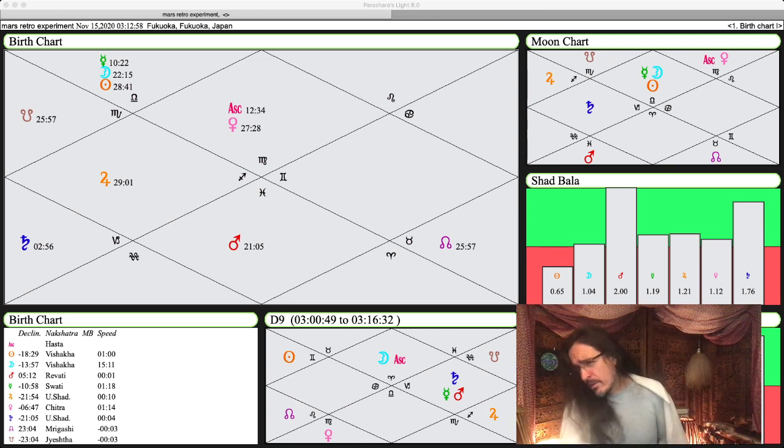So, according to Varahamihira, on November 15th of this year, there should be a dire event. And the dire event should be a very notable proliferation of law breaking, so that society becomes really troubled by people breaking laws.